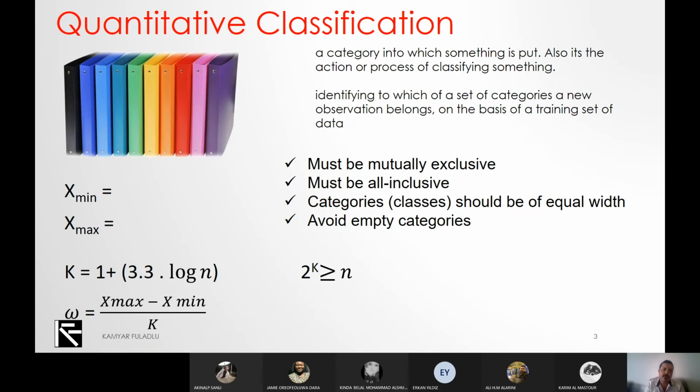Now, we have just covered the qualitative, but what about the quantitative? As I told you, we have a certain rule. Actually, as you can see here, we have four simple rules for any sort of classification, and we have two formulas to be used for the purpose of classification.